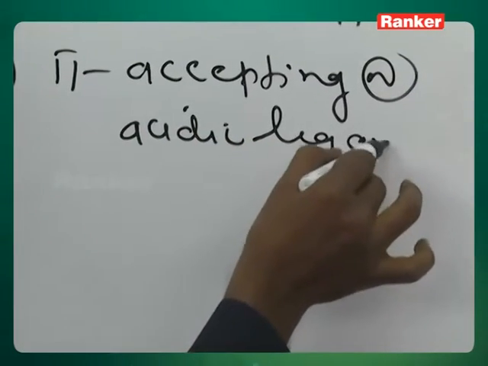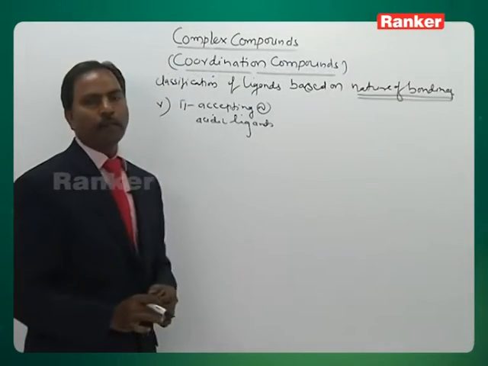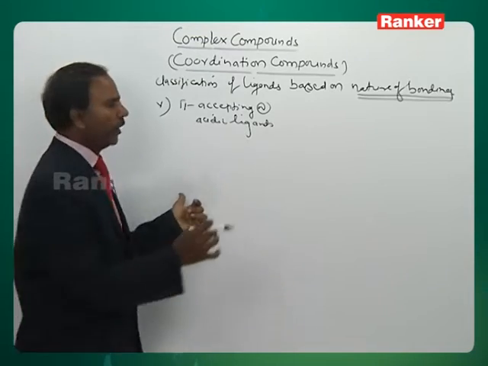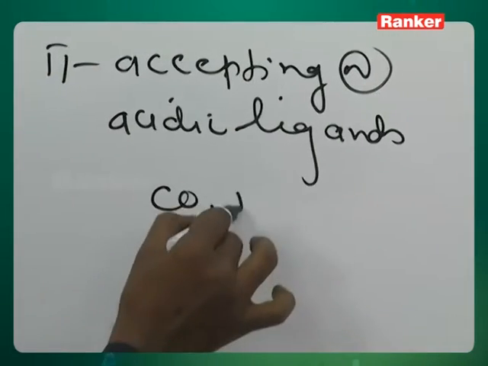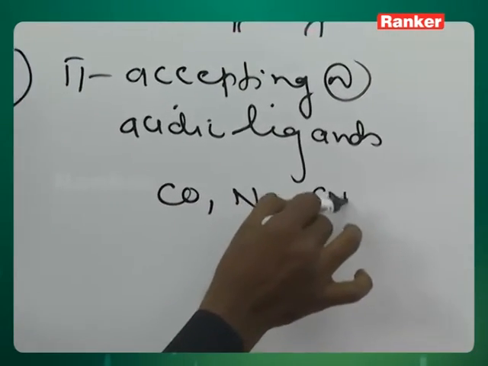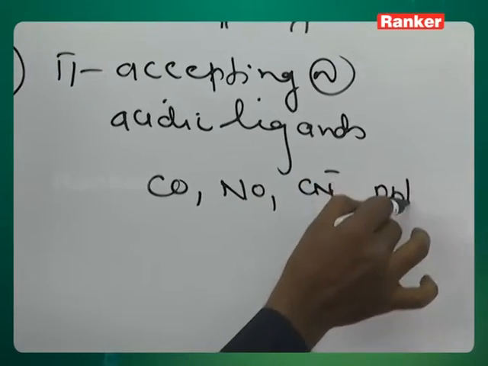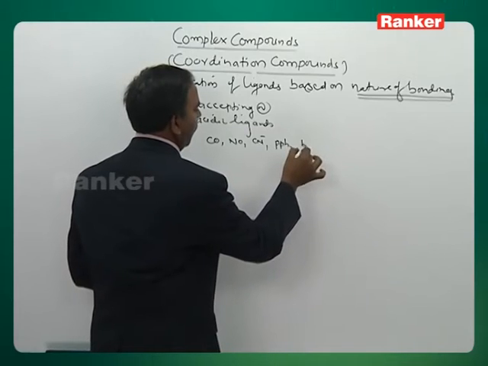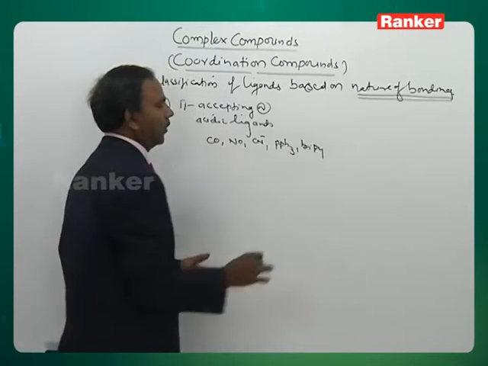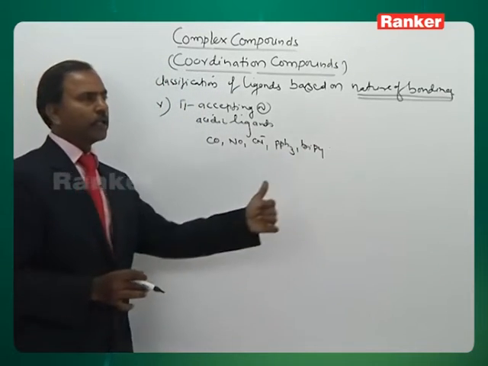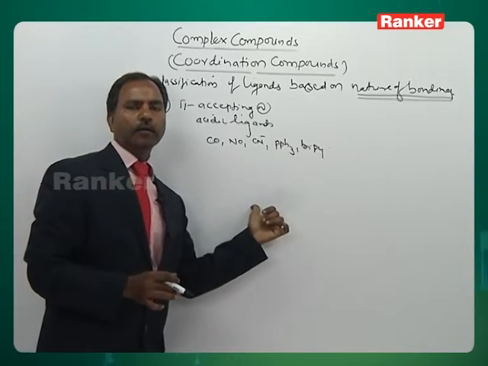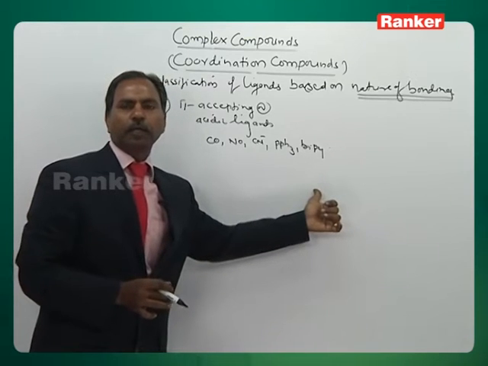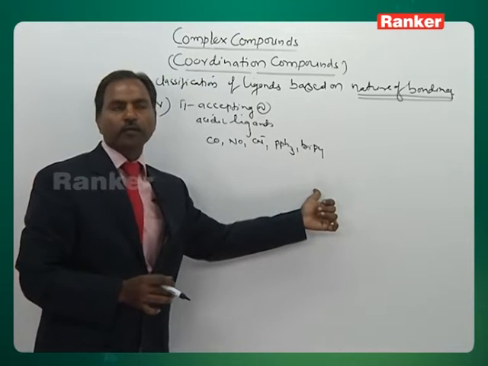Some of the ligands like carbonyl, nitrosyl, cyano, triphenylphosphane, bipyridine. Such ligands are capable of donating a pair of electrons, resulting in the formation of a sigma bond. Again they are accepting a pair of electrons, resulting in the formation of a pi bond.